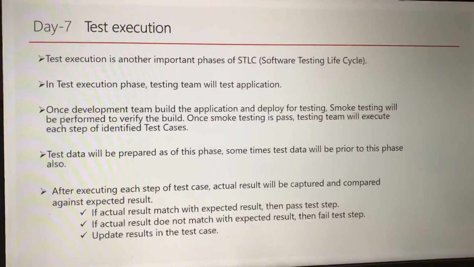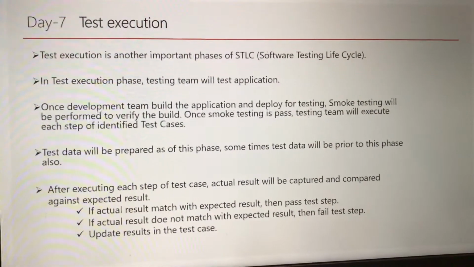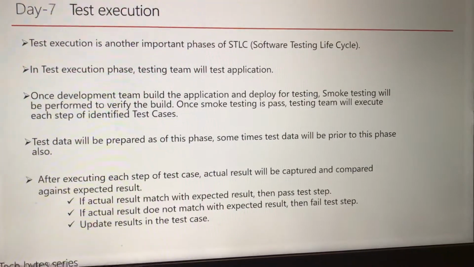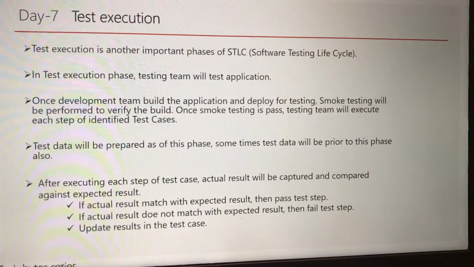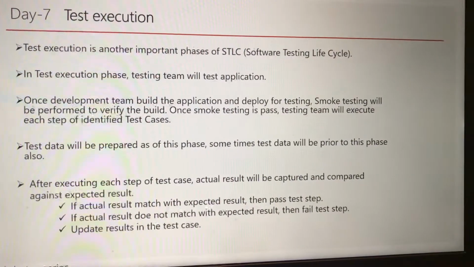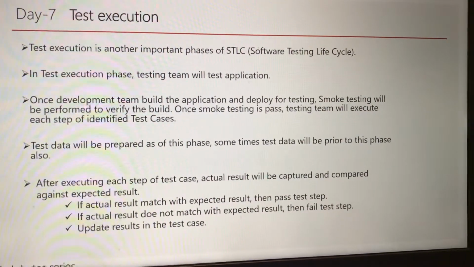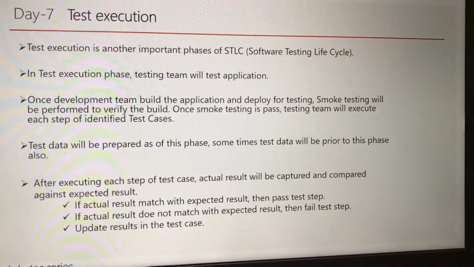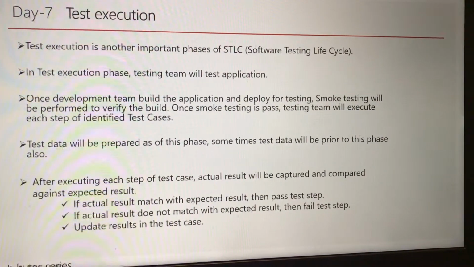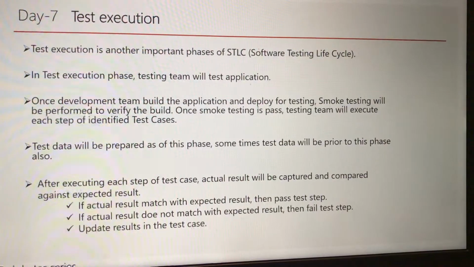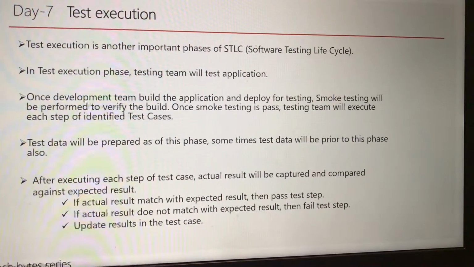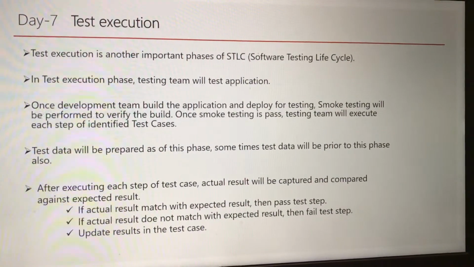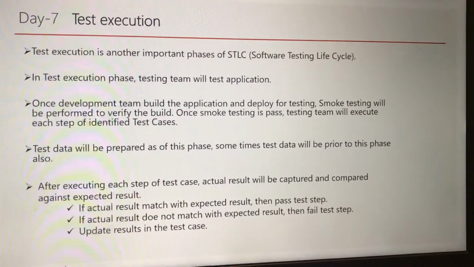For every step, we know the expected result given, and after performing the action, whatever outcome we see has to be captured and compared against the expected result. If both results look good, we pass the test case. If the actual result does not meet the expected result, is not the same, then we fail the test step, and these results have to be updated in the test cases.